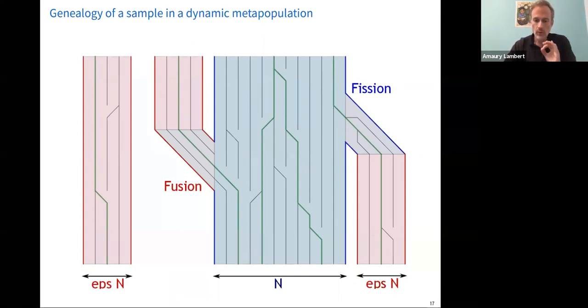On the contrary, you will sometimes encounter gene lineages commonly inhabiting the main population, and so you will see coalescences inside the main population. And of course, the gene lineages can travel from colony to main population according to the fusion and fission events.